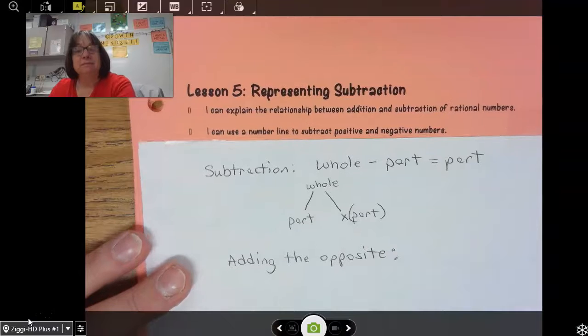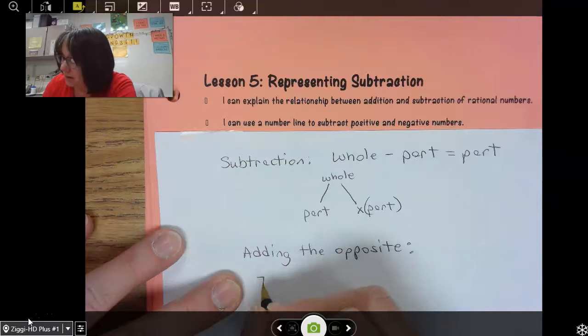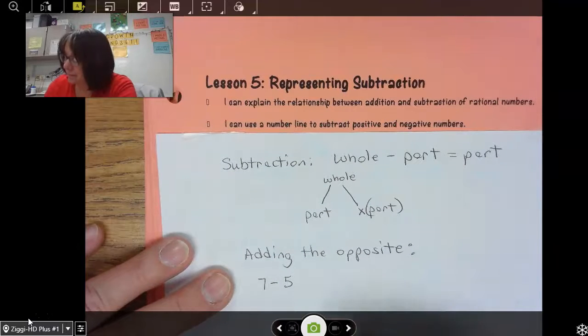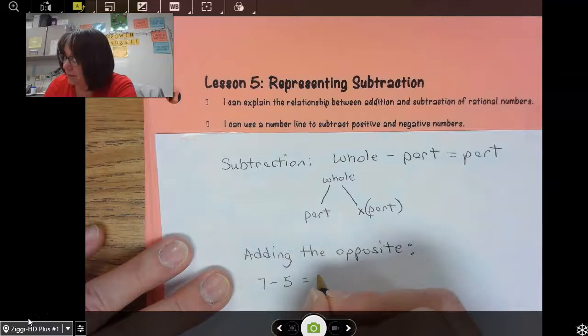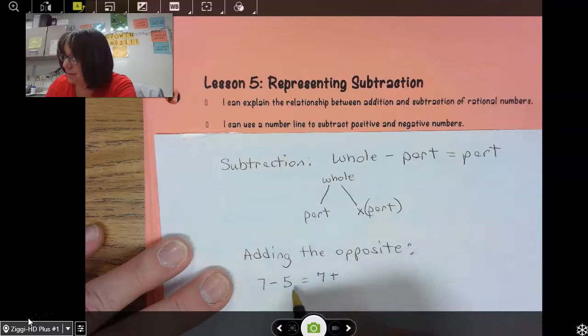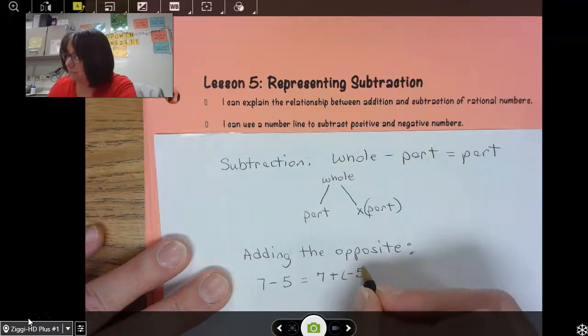Okay, so 7 minus 5, we'll just start with a simple one, is the same as 7 plus, we're going to change it to addition and add the opposite. The opposite of 5 would be 7 plus a negative 5.